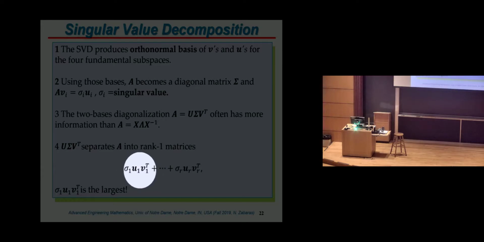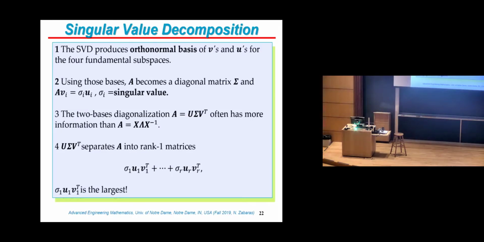So what is the rank of each of these matrices, UV transpose? We have seen this hundreds of times. What's the rank of UV transpose, U and V being vectors? Say it. 1, thank you.